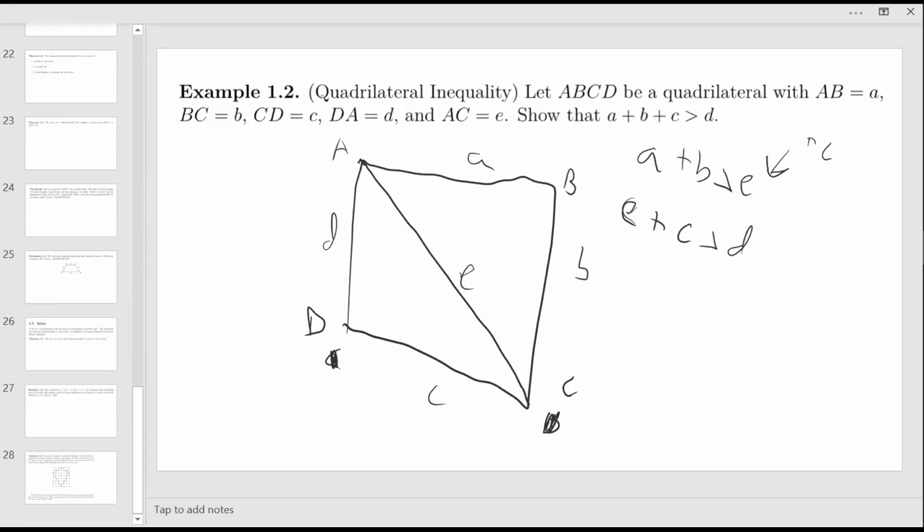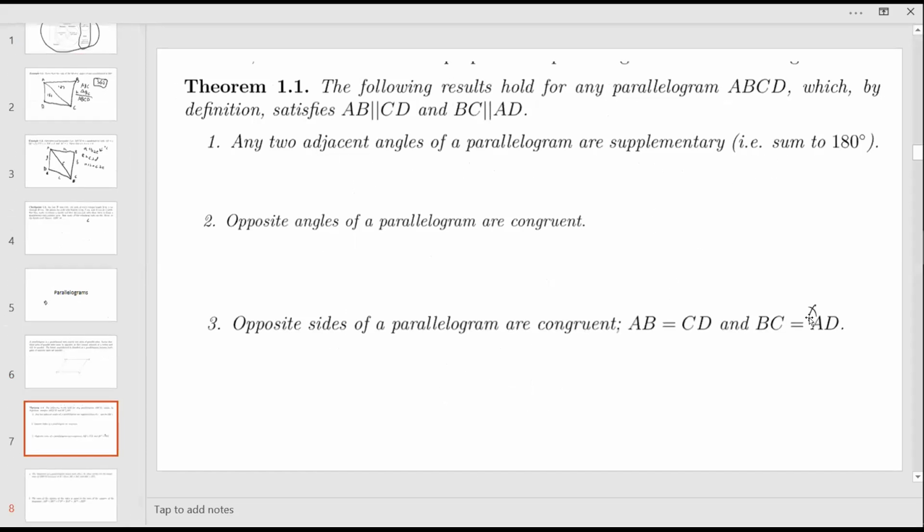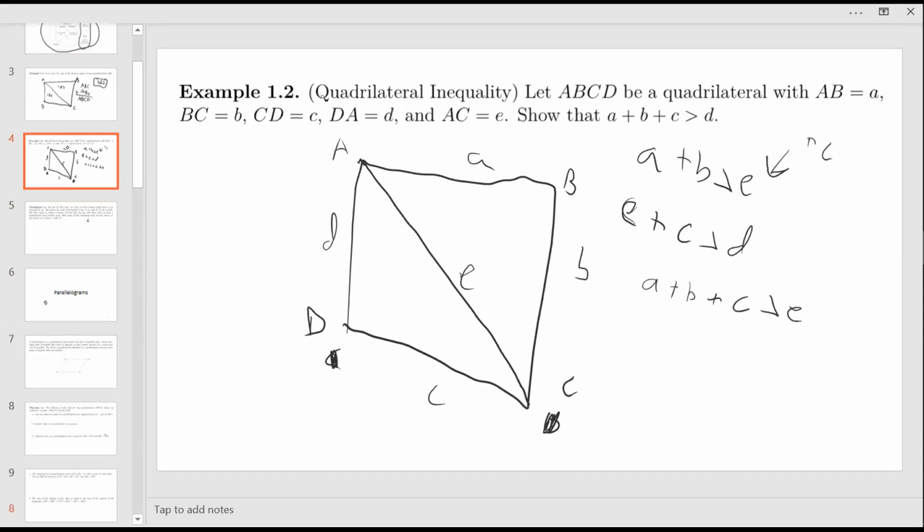So that gives us A plus B plus C is greater than E plus C. And from the second inequality, we know that E plus C is greater than D. So we have A plus B plus C is greater than D.